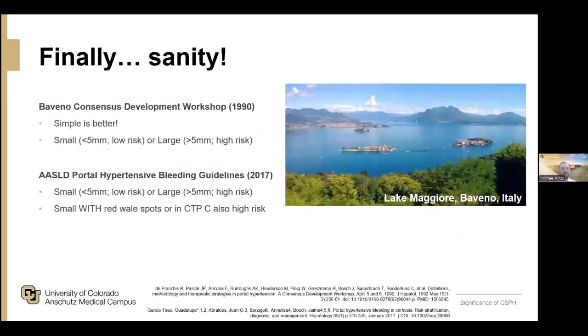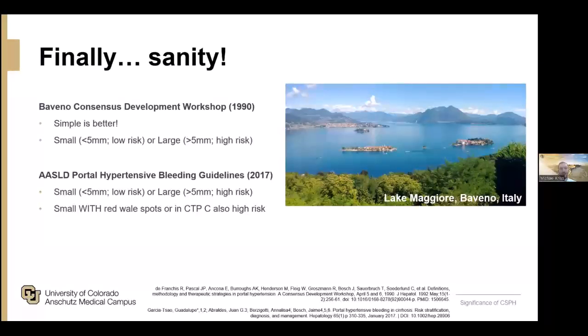So I'm kind of glad there was this long and winding road to get here, because in 1990, a group of hepatologists in Europe convened the first ever Baveno consensus development workshop at Lake Maggiore in Baveno, Italy, which is pictured there. And they said, this is insane. We just have to simplify this.